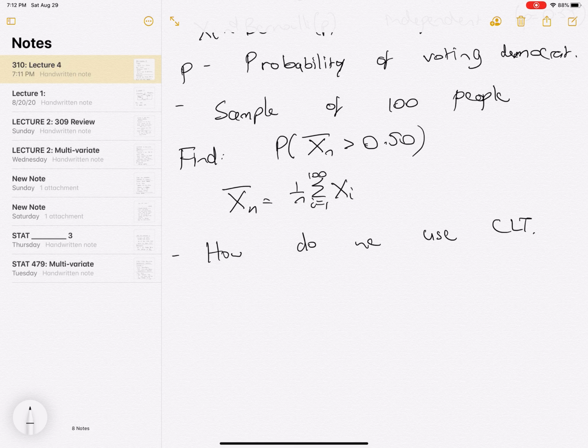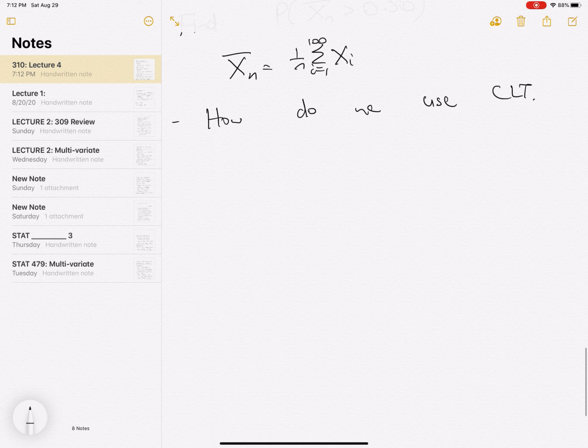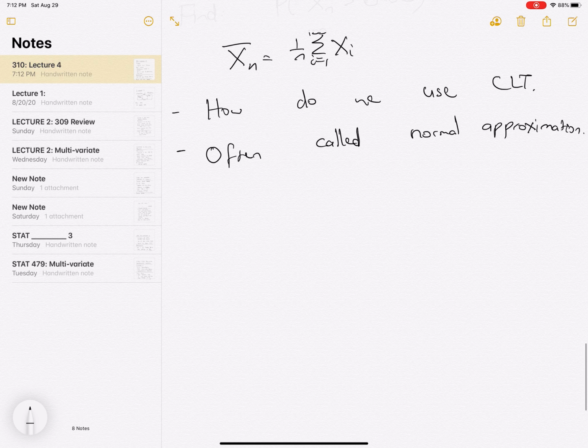The central limit theorem is an asymptotic result. So how do we make use of that? It's often called the normal approximation.